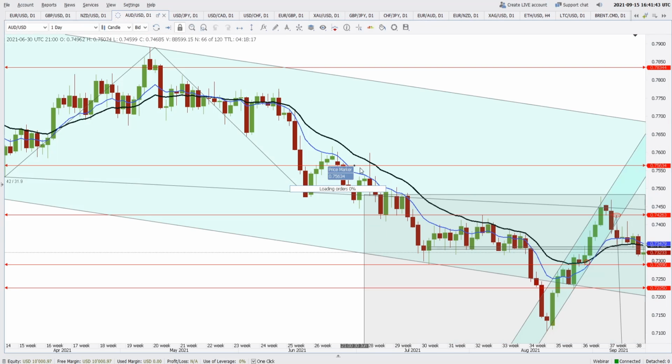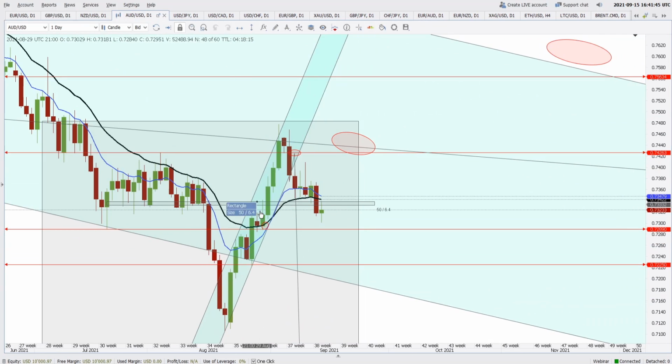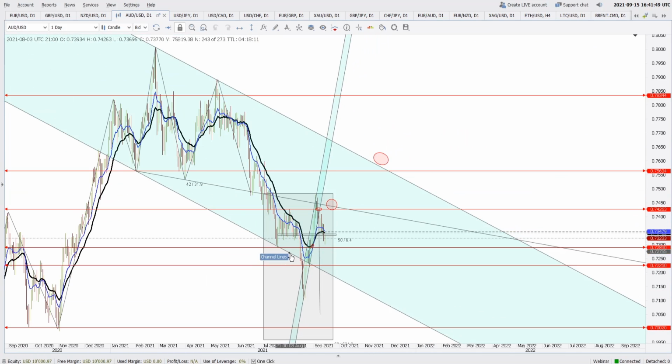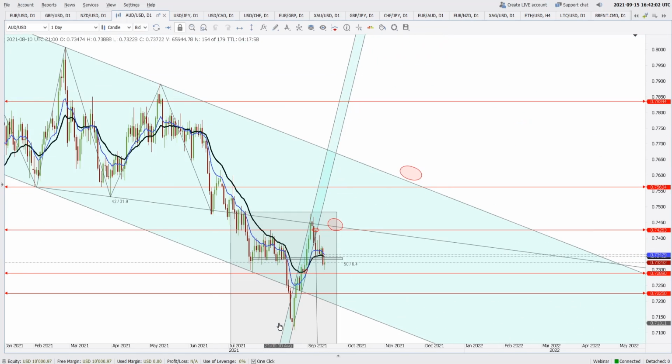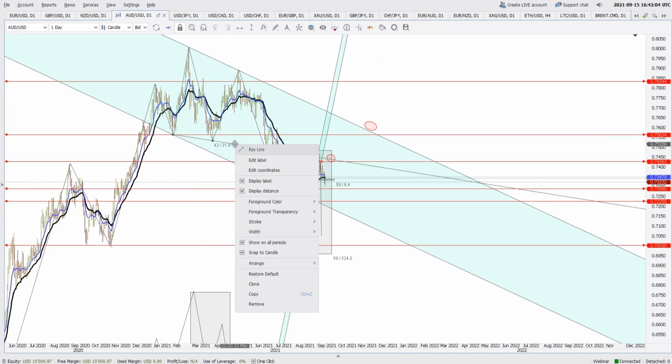Talking about the Australian dollar. The Australian dollar has been in a downtrend, and after the price made a low at around the 0.7105 region, it has come back to the neckline, which is this line here. I want to increase the width of this one also so that you can see.